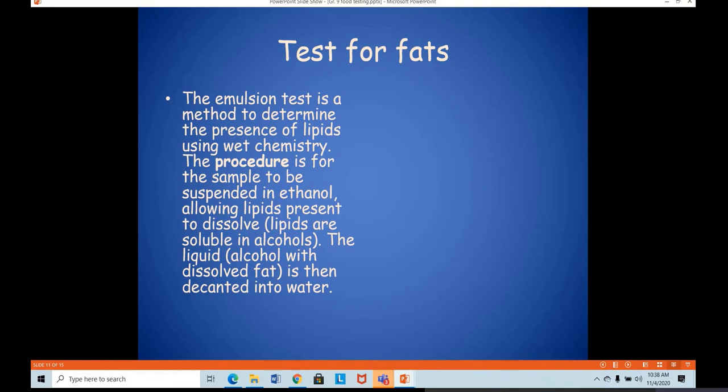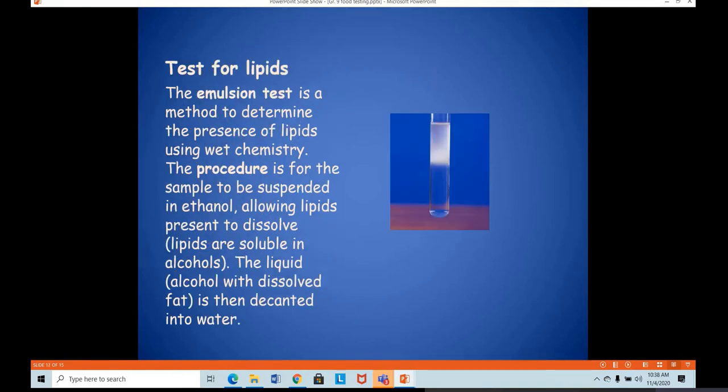Because the lipids are soluble in alcohols like ethanol. So the liquid, which is alcohol with dissolved fat, is then decanted into the water. Decanted meaning whenever this fat dissolves into the ethanol, it shows like an emulsion clearly separating from the water, okay, showing the presence of the fat in that particular food.